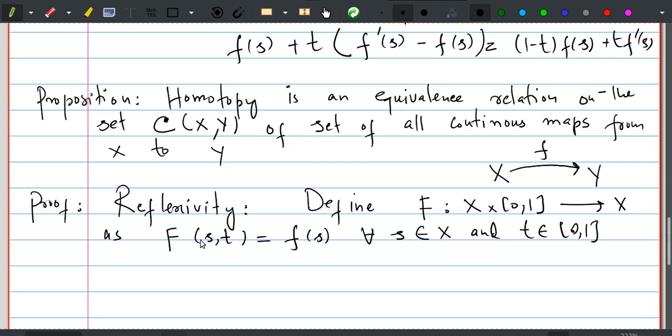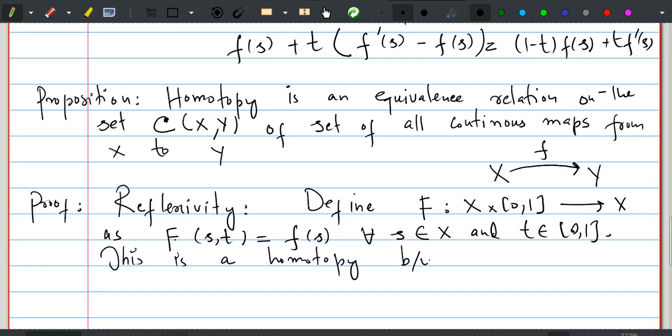When we restrict F to 0 we get f, and when we restrict F to 1 we get again f. This is a homotopy between f and itself.